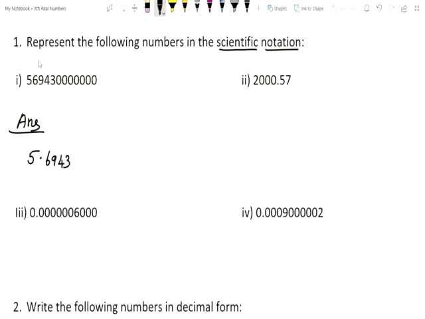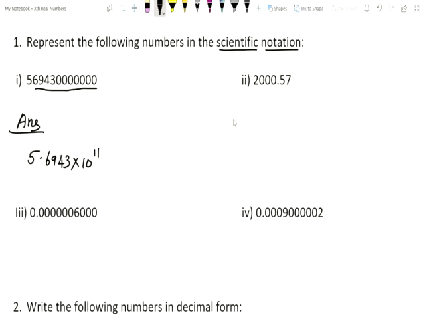Except 0, you have to write all the numbers into 10 to the power of, after the 5, how many digits are there? 1, 2, 3, 4, 5, 6, 7, 8, 9, 10, 11. So 11. The answer is 5.6943 into 10 power 11.